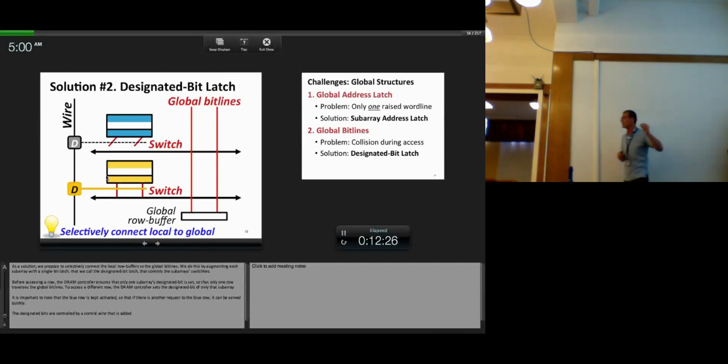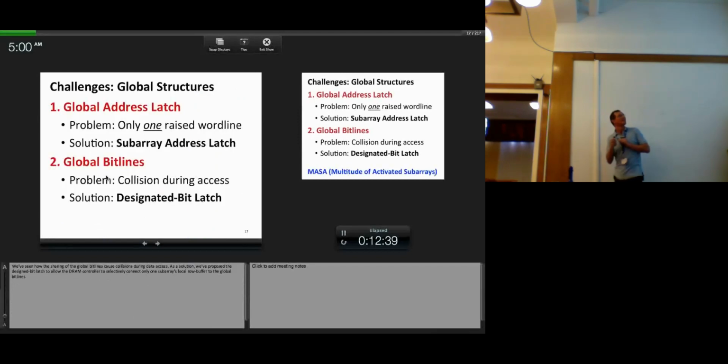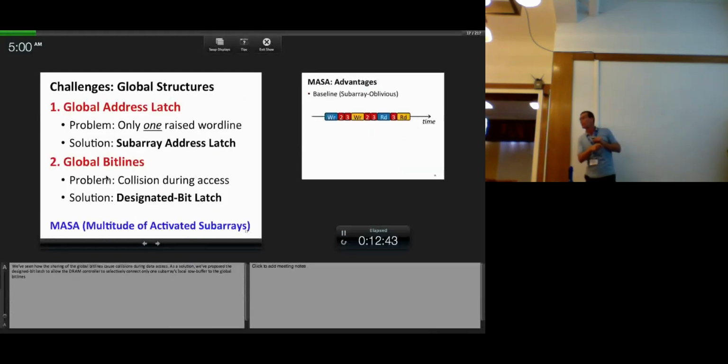But that logic already exists whenever you need to send an address, because you need to know which subarray you're accessing internally. But these designated bit latches are not there today. Okay, so these are the two things that you need to solve to actually reduce the global sharing.